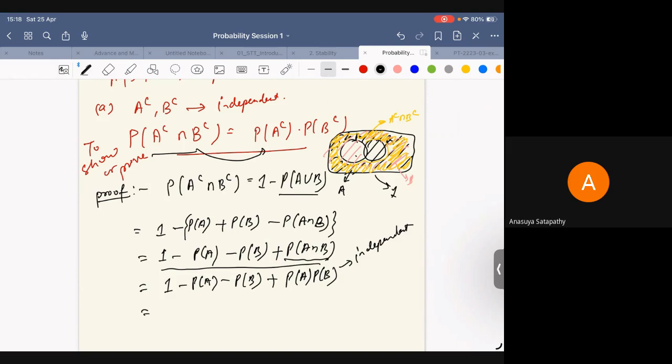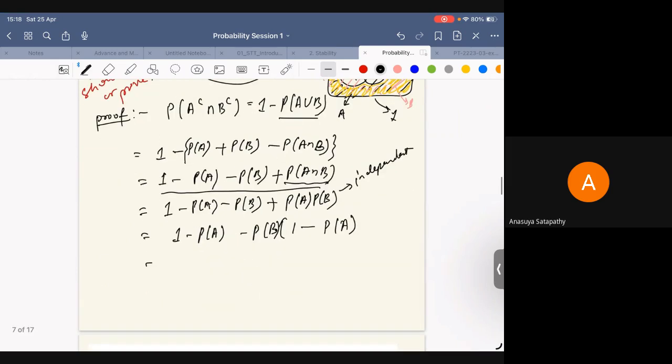Let me take something common from here. Can I take P of B common? Yes. So I'm taking minus P of B, it will be 1 minus P of A, then plus 1 minus P of A. Okay, this is 1 minus P of A. So now I am taking 1 minus P of A common.